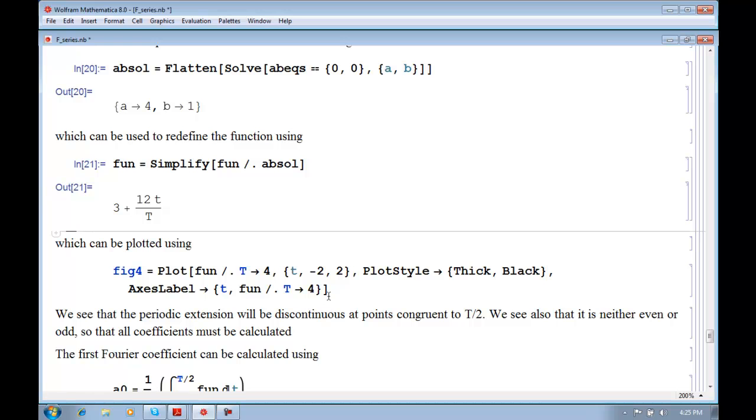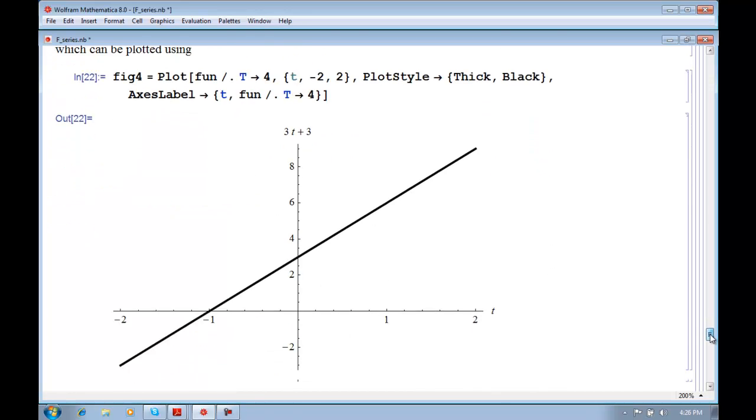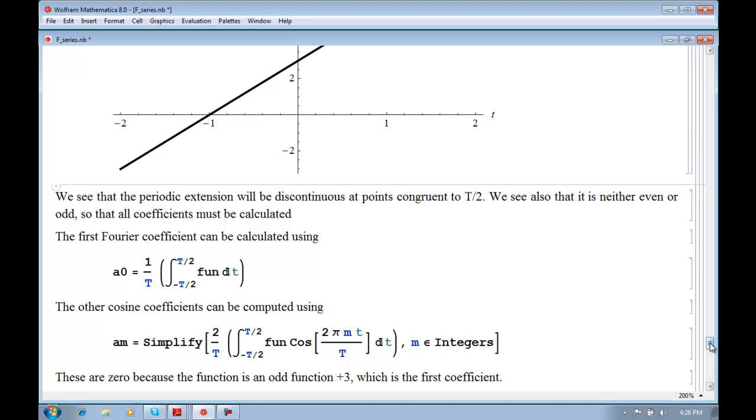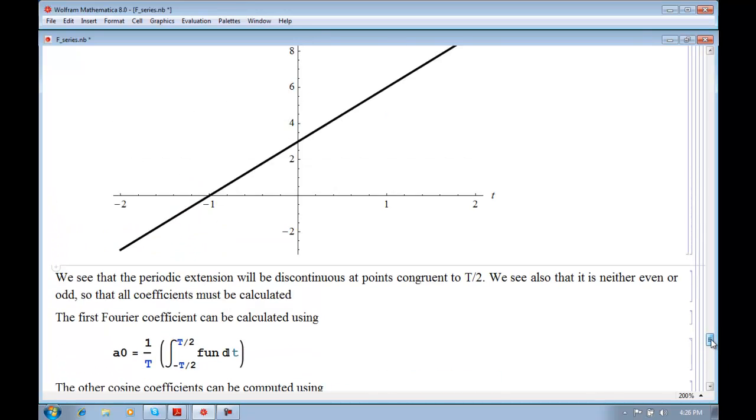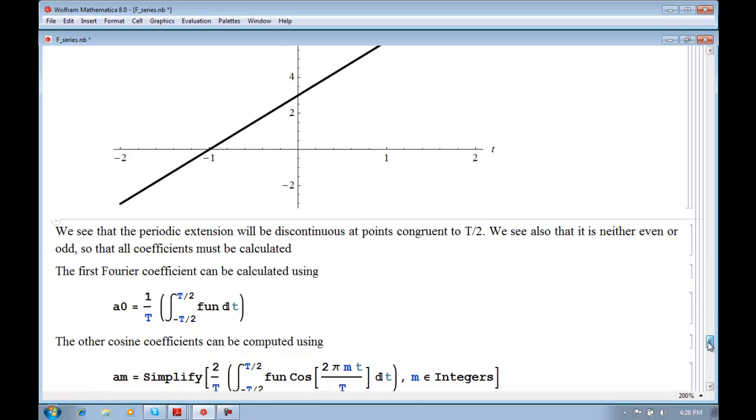And we can plot this function for capital T equals 4 using this. And there we go. It looks like that. Now if we do the periodic extension of this, in other words, we copy this graph over to the interval from 2 to 6, then we'll see there will be a discontinuity here. But anyway, we don't need to do that to calculate the Fourier coefficients.